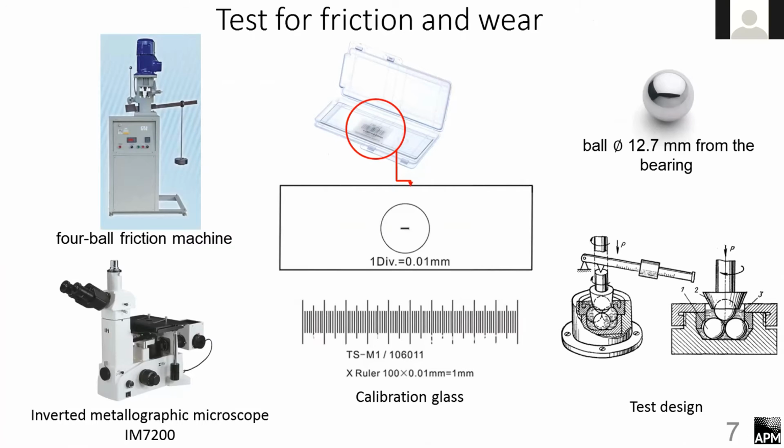According to the results of hardness measurements, balls with hardness from 65.8 to 67.0 units on the HRC scale were selected. With visual inspection, balls were excluded from the batch on the surface of which were cracks, corrosion, grinding, and bends. The results are seen using an inverted metallographic microscope IM7200 and the calibration glass.